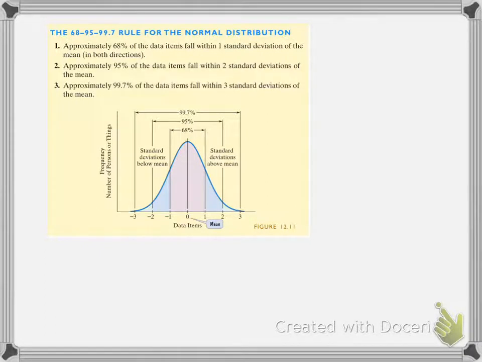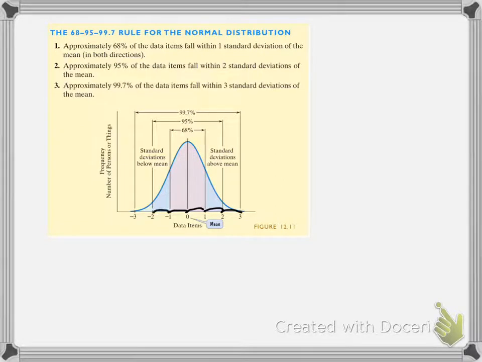Okay, so this is something we're going to talk about here, the 68, 95, 99.7 rule for the normal distribution. Okay, so here's the idea. You have your frequency, the number of persons or things that this data is true about. And then each one of these is one standard deviation.